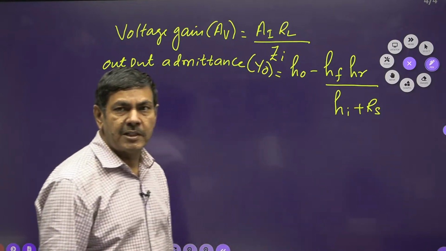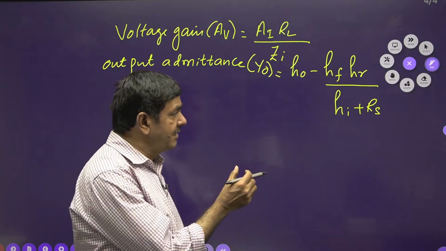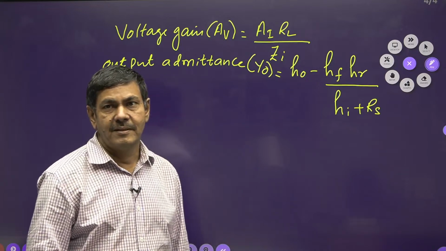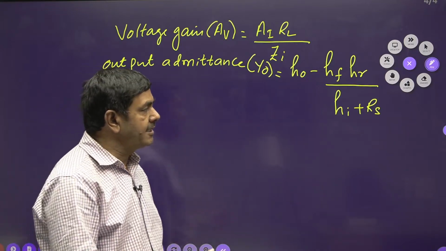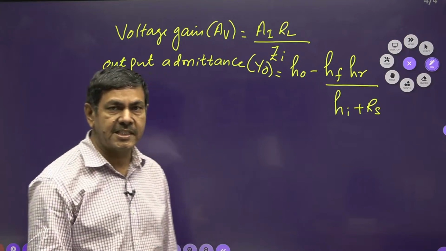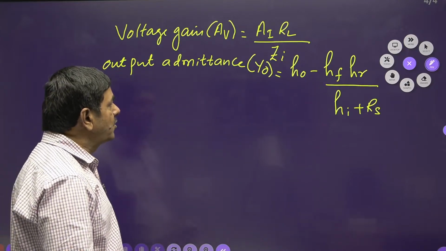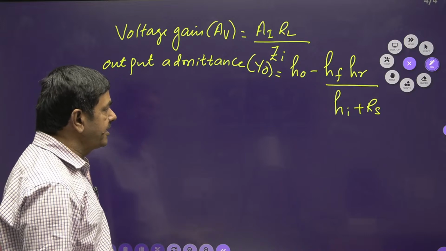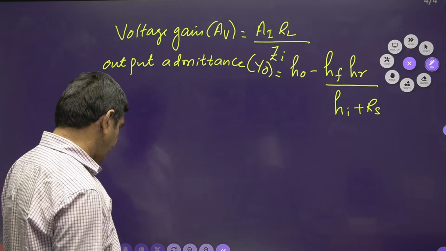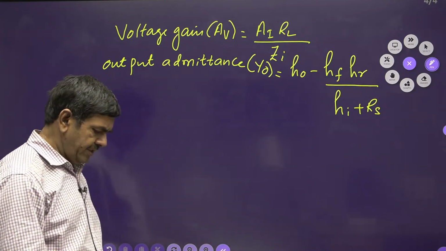RS is nothing but the source resistance. If the source has any internal resistance, that is to be taken as RS. So H naught minus HF into HR by Hi plus RS. So these are the formulas we are going to use.